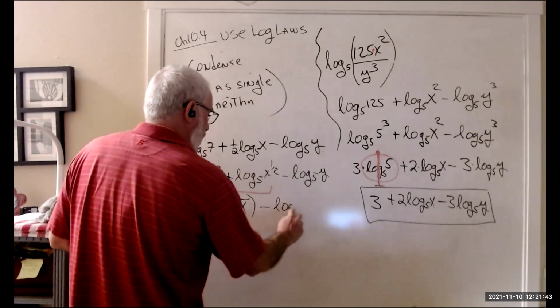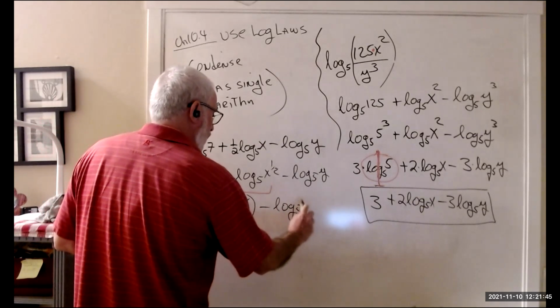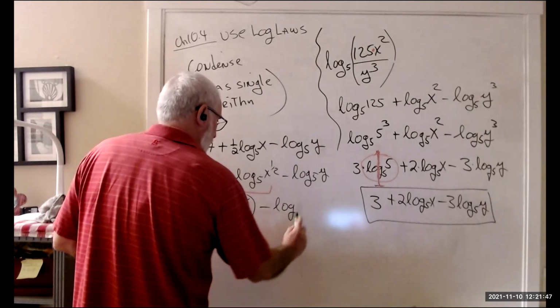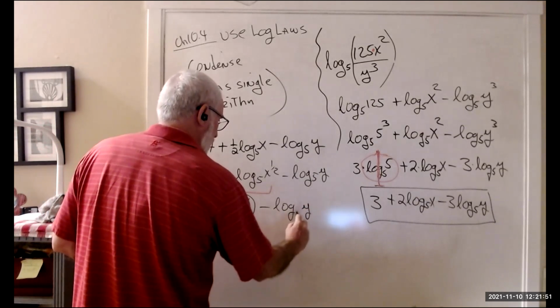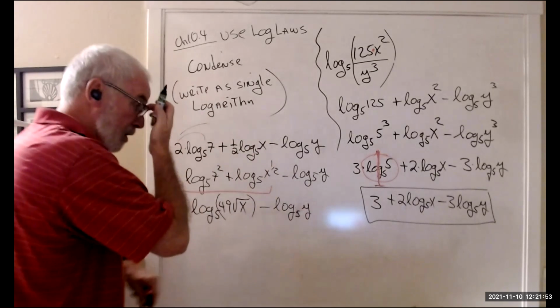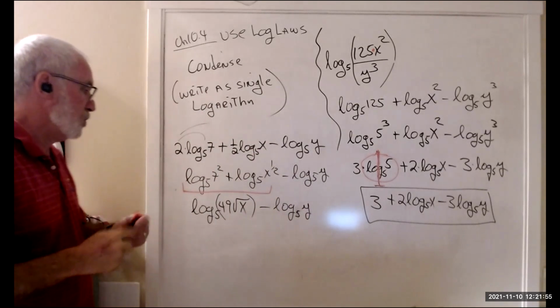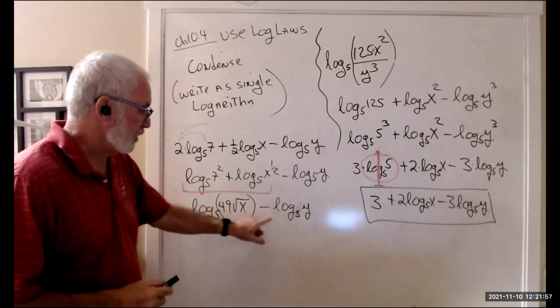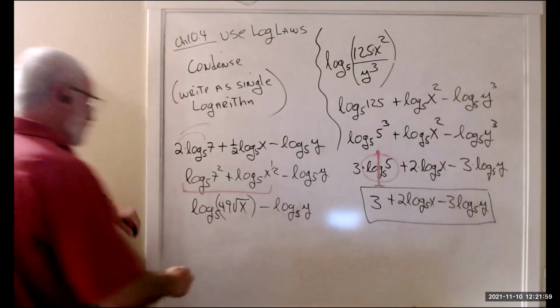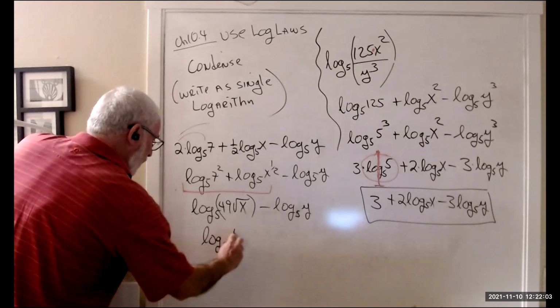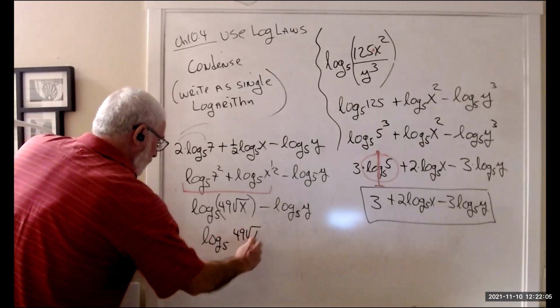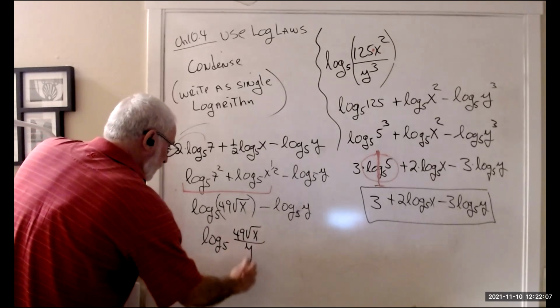Minus log base 5 of y. Okay. So 2 separate logs that are subtracting becomes 1 log that's dividing.